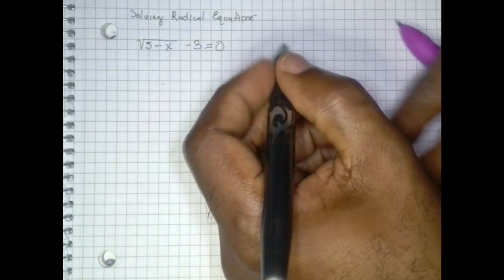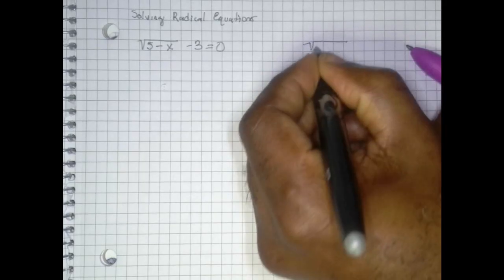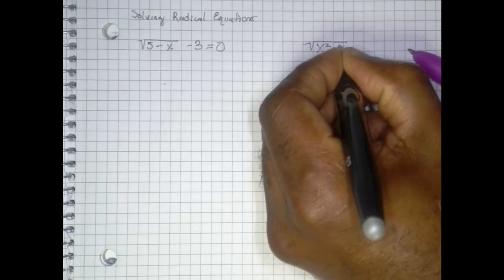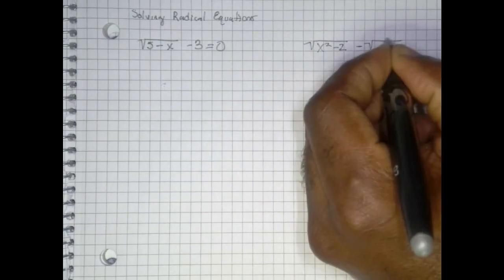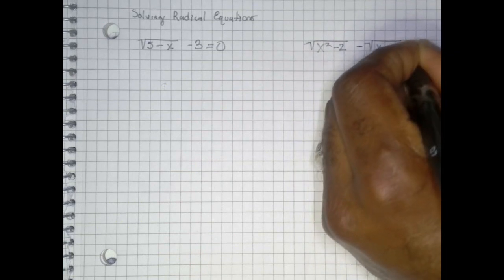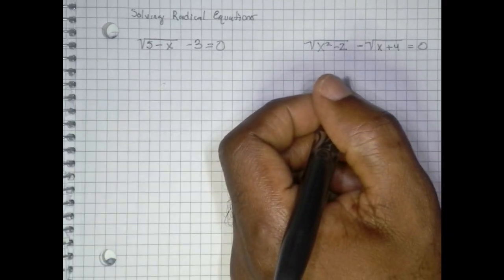Then another type is when we have the square root of x squared minus 2 minus the square root of x plus 4 equals 0. This equation contains two radicals.